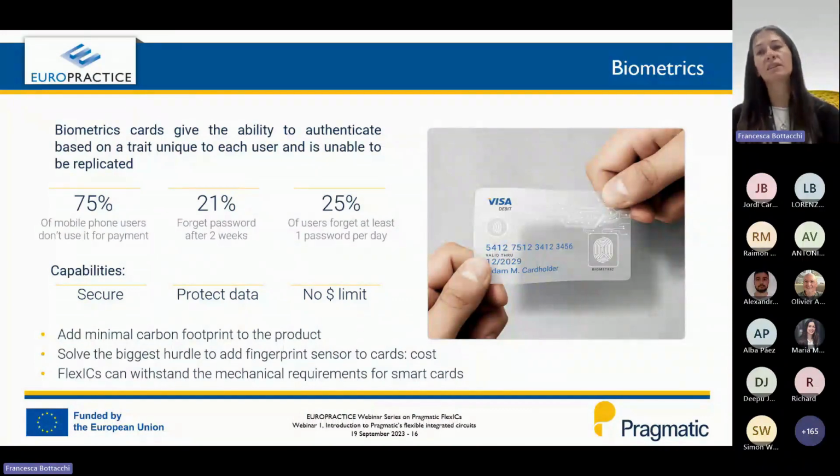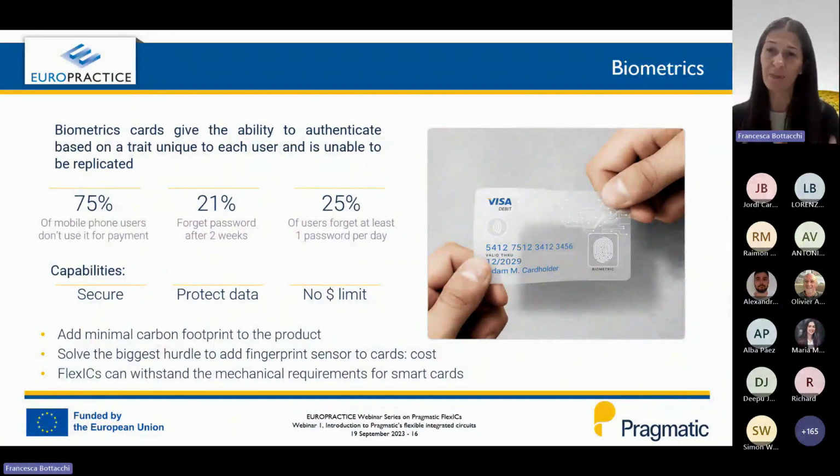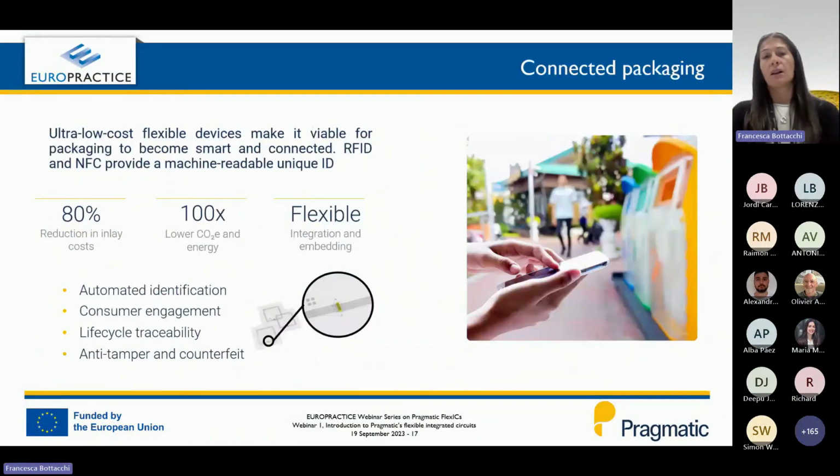But with the FlexIC, this is a perfect fit, with the inherently low cost technology and the flexibility of the chip, which is even more flexible than the card itself. Another example is, of course, connectivity.